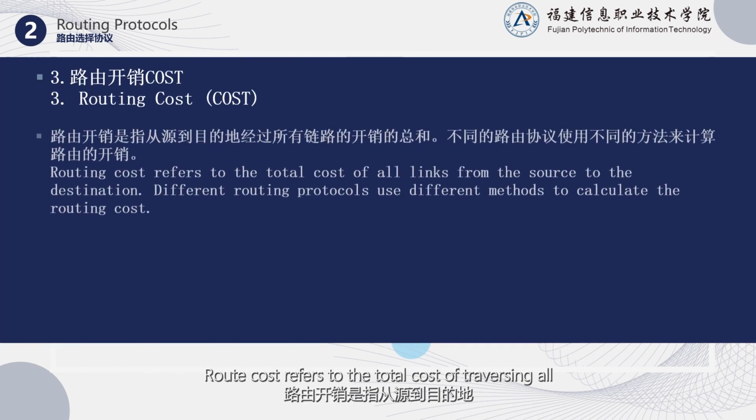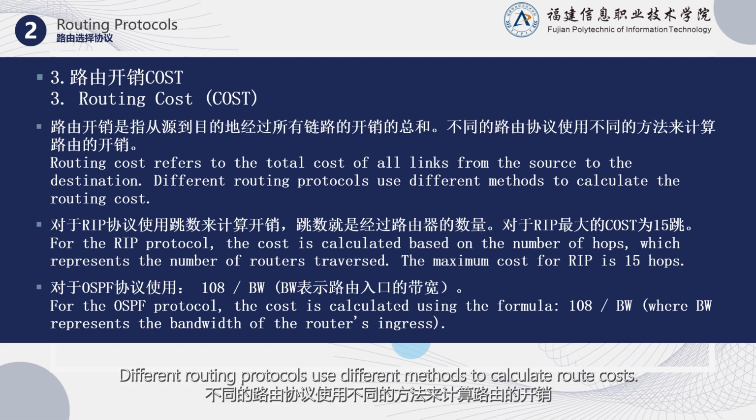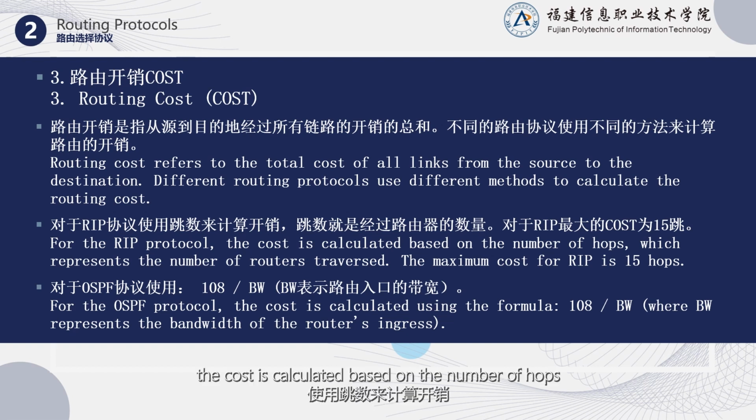Route cost refers to the total cost of traversing all the links from the source to the destination. Different routing protocols use different methods to calculate route costs. For the RIP protocol, the cost is calculated based on the number of hops, which is the number of routers in the path. The maximum cost for RIP is 15 hops.